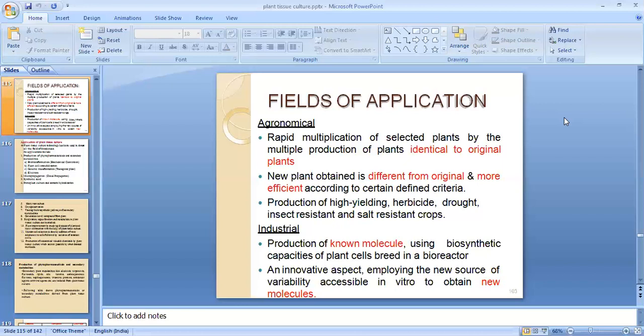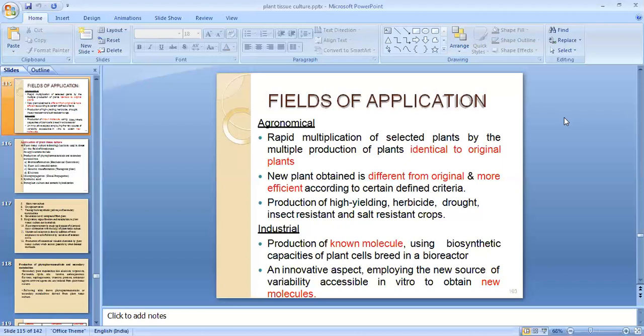That is, in the first field, the agronomical field, and another one is the industrial applications. In the agronomical applications, we can see the rapid multiplication of selected plants by the multiple production of plants identical to the original one.